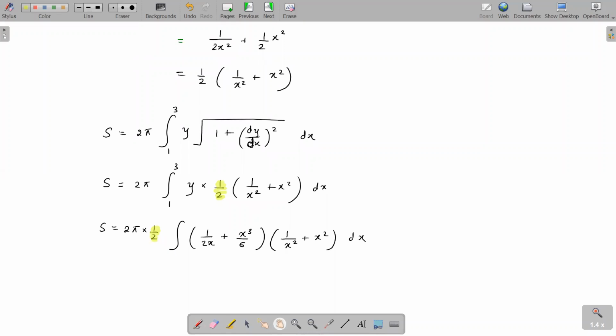So open the brackets now. Let's cancel the 2 here, so S equals pi times the integral. Before we integrate, we need to open the bracket.